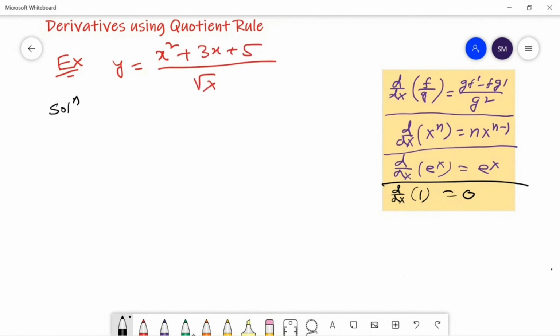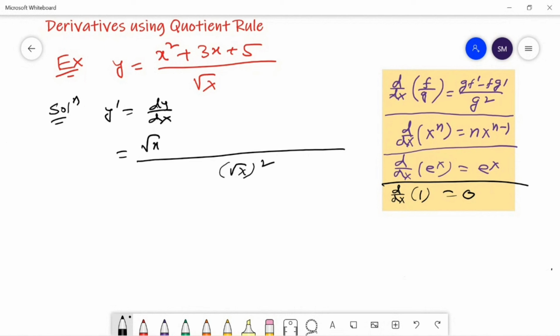The last example is given as x square plus 3x plus 5 over square root x, to which we can apply the derivative rule directly as follows. So we have in the denominator square root of x whole square, then square root of x times the derivative of x square plus 3x plus 5, minus the derivative of square root of x times x square plus 3x plus 5 as it is.